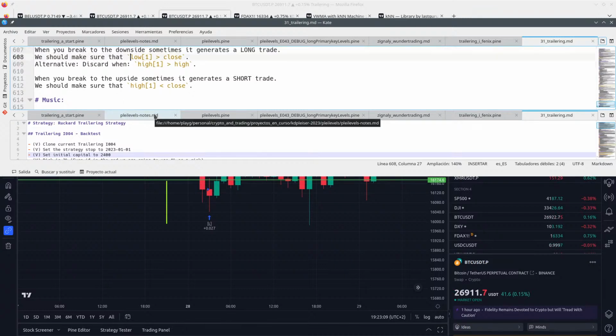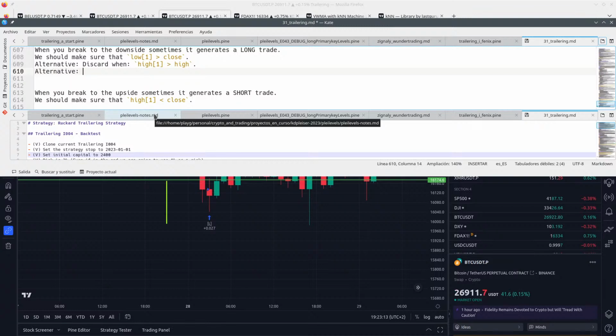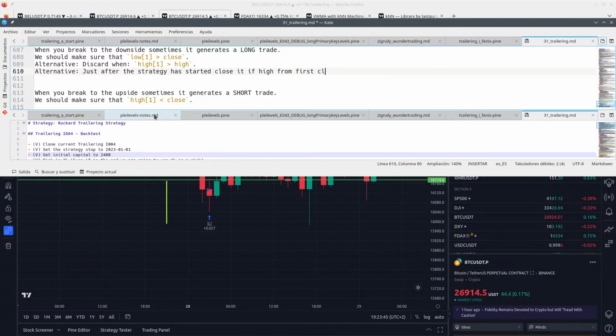So, alternative: just after the strategy has started, close it if a high from the first candle is not higher than the low from the trigger candle, which is the trigger break candle.